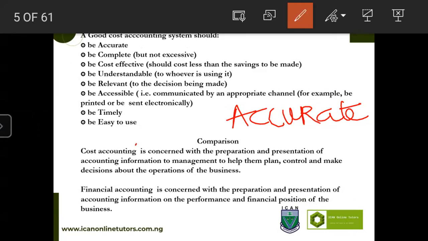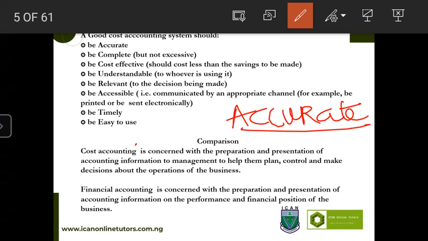The first one is A. A is accurate. Don't mind my accurate. The accurate that I've written out is an acronym. It's just what I've written out for you so that you'll be able to remember the purpose of a good cost system. In fact, if they ask you what are the qualities of a good information system, or what are the qualities of a good accounting system, just say ACCURATE.